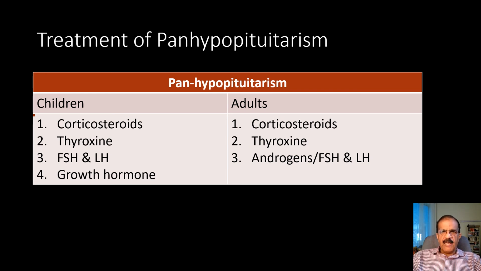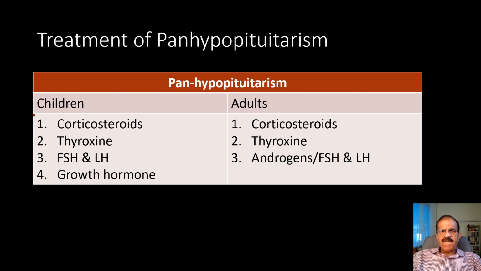Both need to be replaced, but in a sequential pattern. First corticosteroids, maybe after 6 or 7 days or 2 weeks, then add thyroxine. Then these two hormones need to be continued for life.